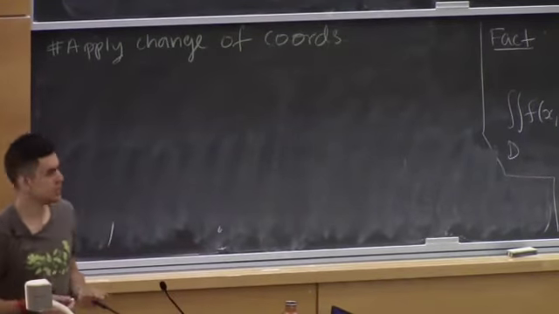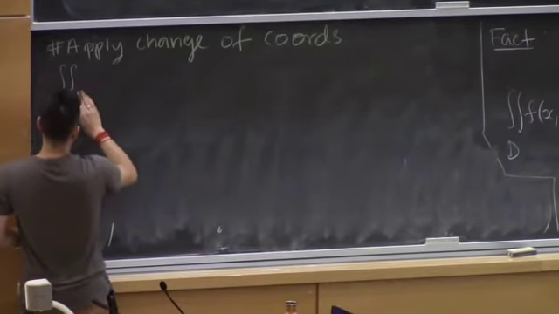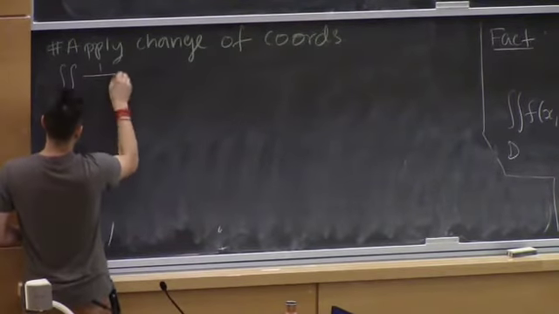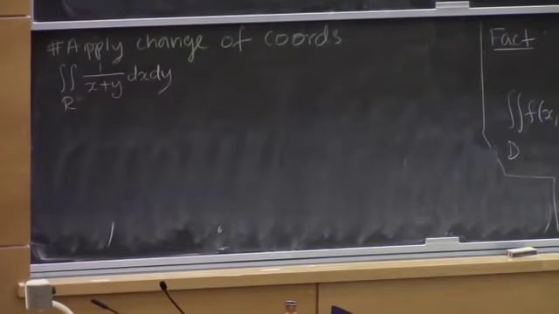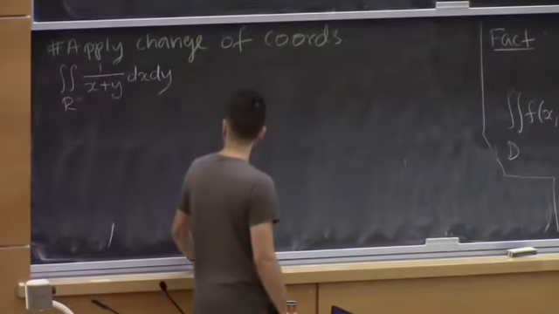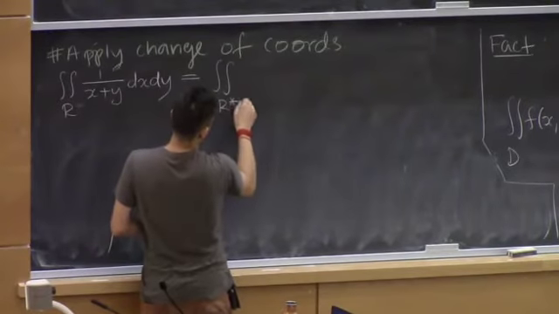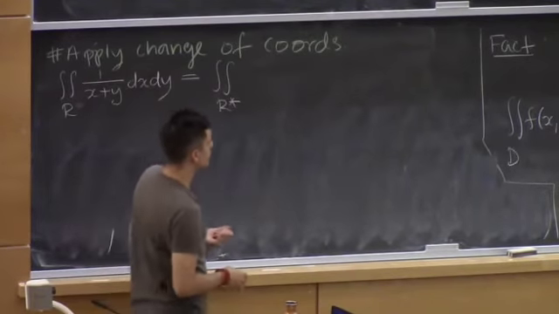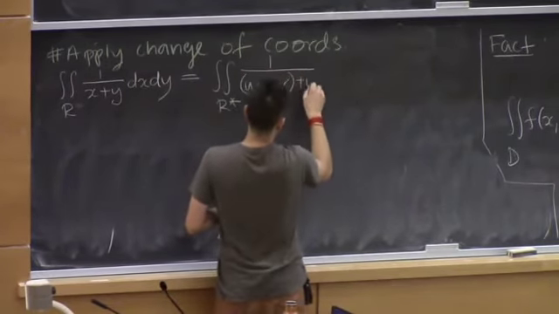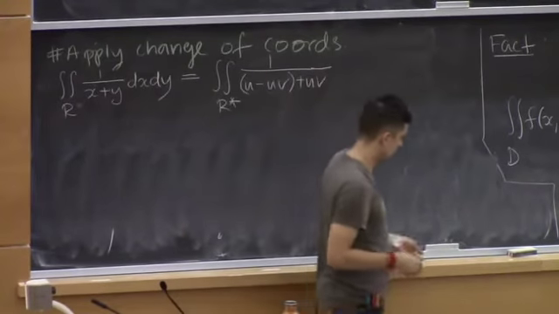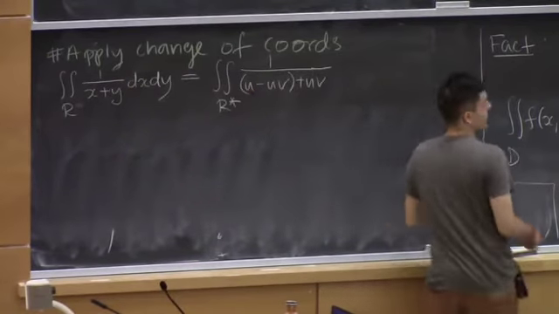Okay, so we'll apply change of coordinates, and the integral we want is the integral over R star of u minus uv. So we plug in our values for x, we plug in our values for y.